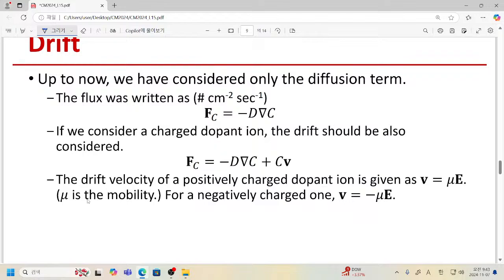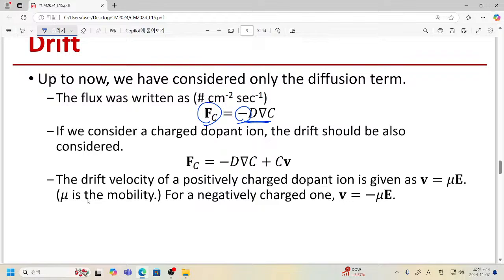So previously the flux was written as this diffusion only. The gradient of concentration is involved, and here we have a minus sign because our flux is always from high density region to the low density region.